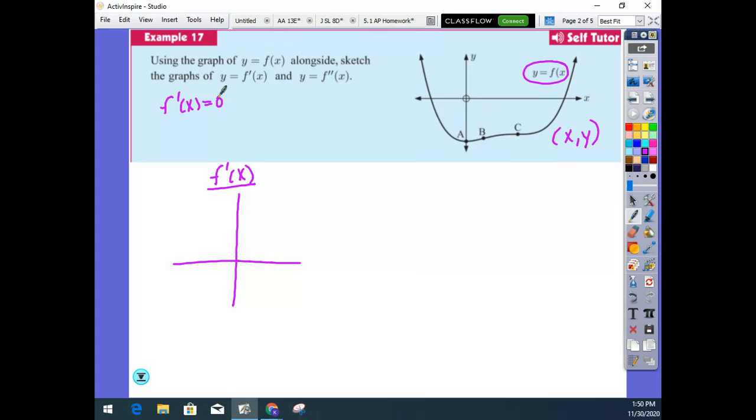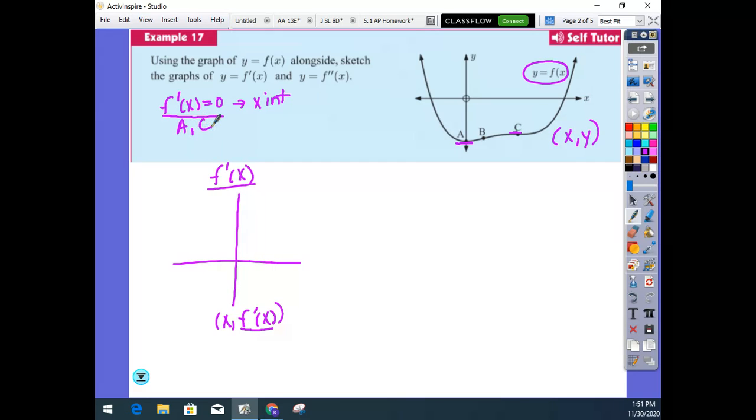Because if my coordinate point is made up where my y value is f prime, where f prime of x equals 0 on the f prime graph, that's my x-intercept. So where do I see 0 slopes on this particular graph? I see a 0 slope here and here. So letters A and C are going to be my x-intercepts.